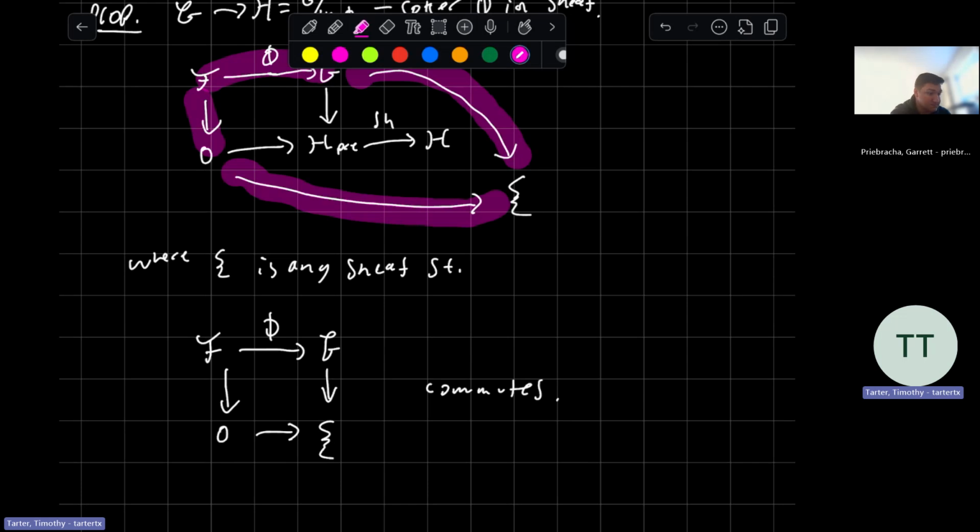So then there's a unique isomorphism from H to E that commutes, and Vakil just invokes a ton of universal properties.